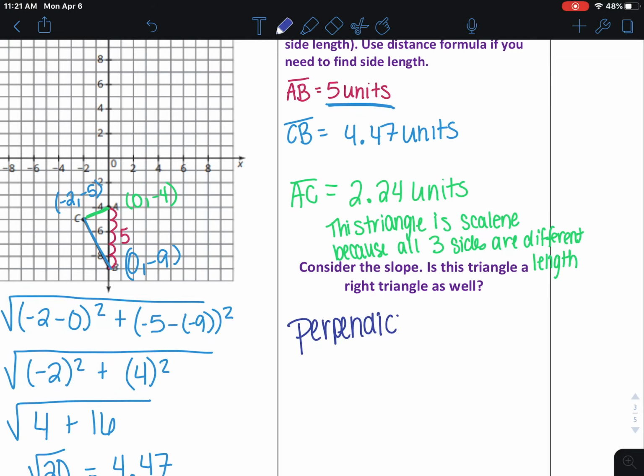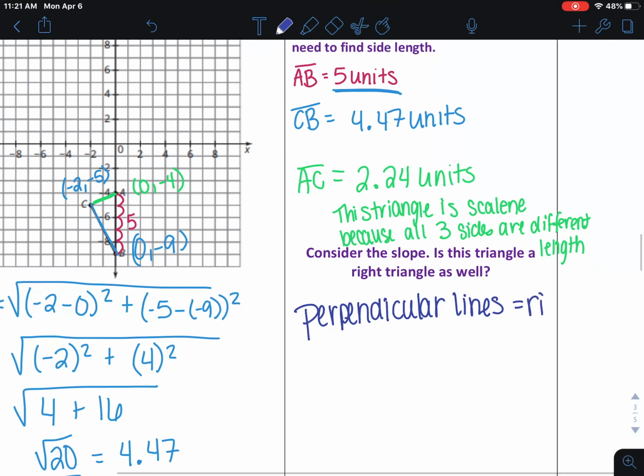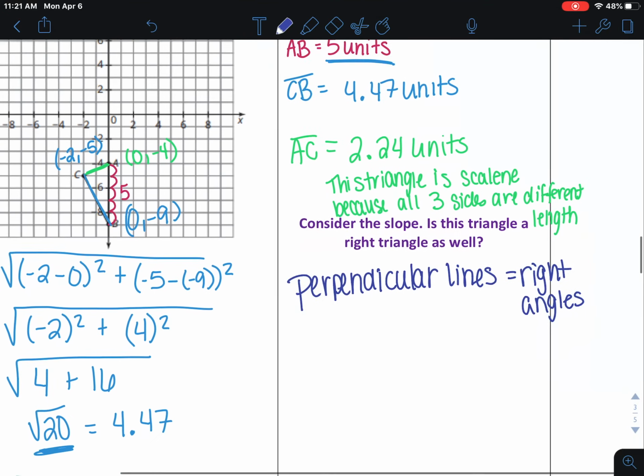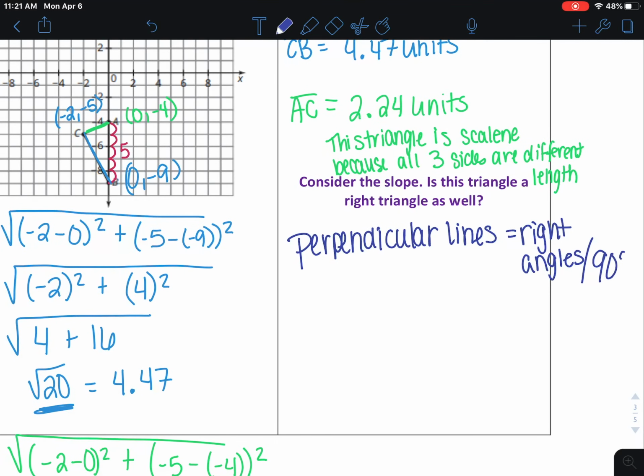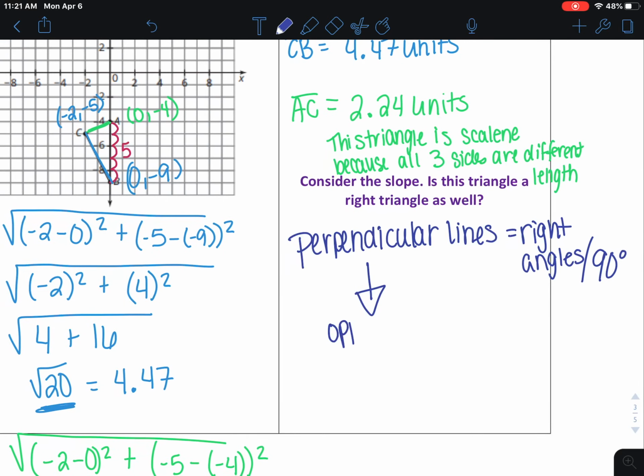So perpendicular lines equals those right angles, 90 degrees, okay? And perpendicular lines, to have that, you need the opposite reciprocal slope.